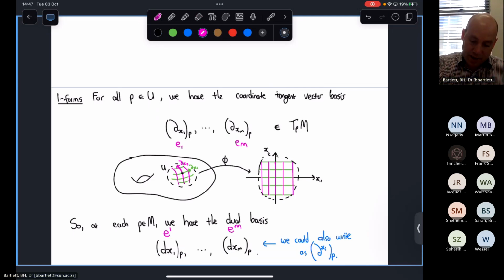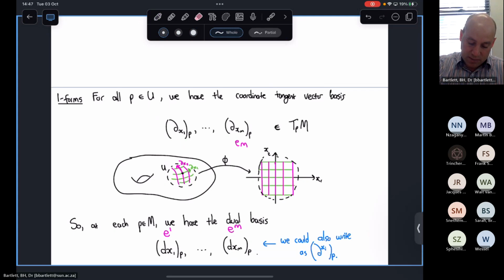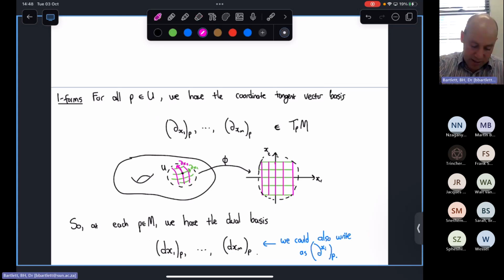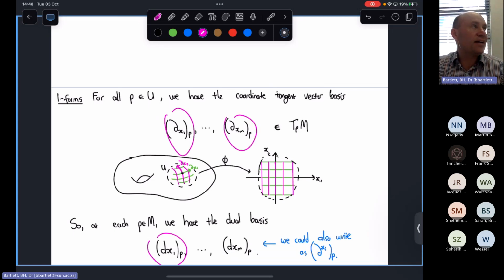For now, I'm writing it this way, and you'll see why in a second. This is the definition of what these dx's are. They are the dual of the coordinate vector basis. So this guy eats this guy, gets a 1, and when he eats the other guys, gives 0.